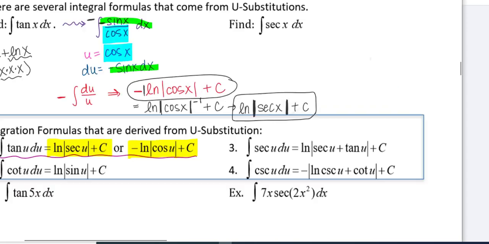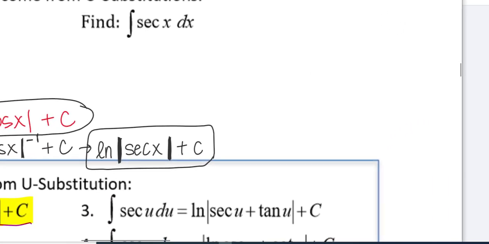Okay, but secant gives us a little bit more problem because if I try to do a rewrite here, this is 1 over cosine x, right? Secant is reciprocal of cosine. So I can't do u du because if my u is cosine x, my du would be negative sine x dx.